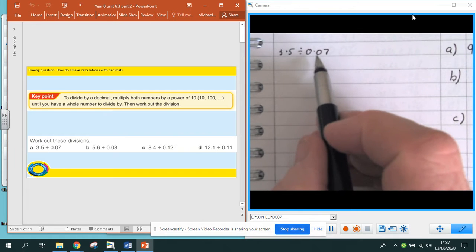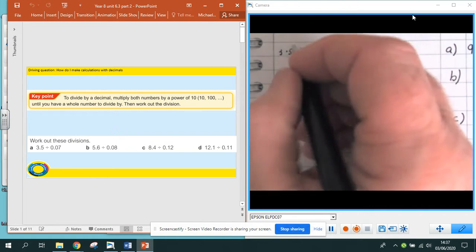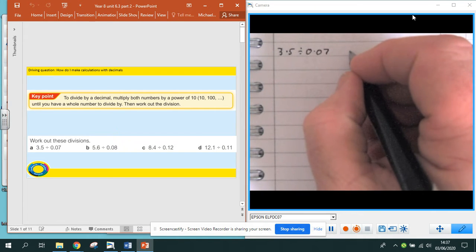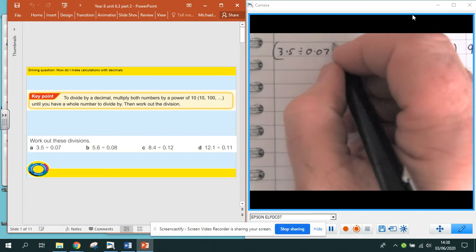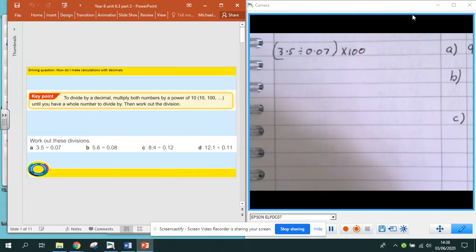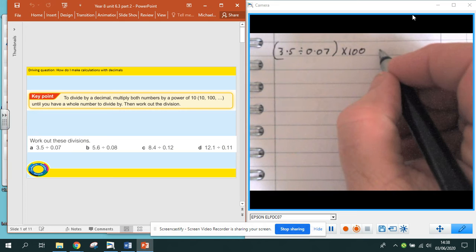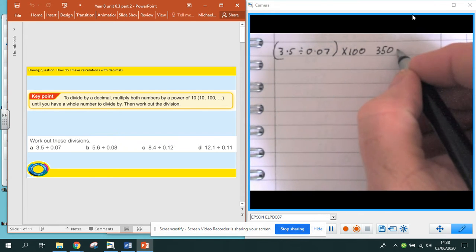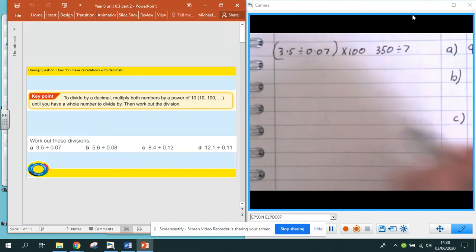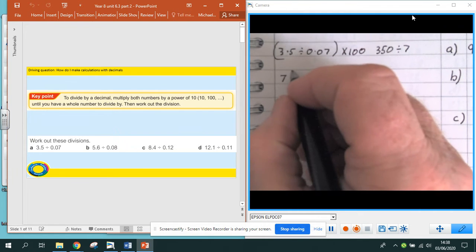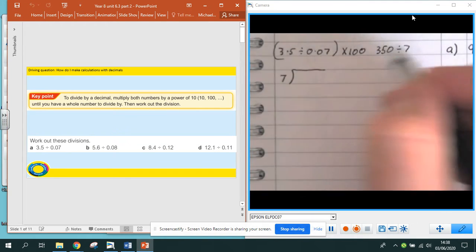So I'm going to multiply both of these numbers by 100. That gives me 350 divided by 7. I'm going to use the bus stop method each time, just for consistency.